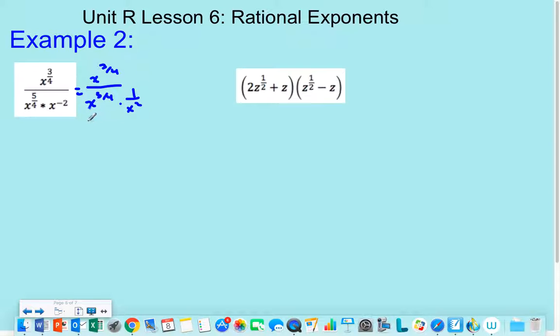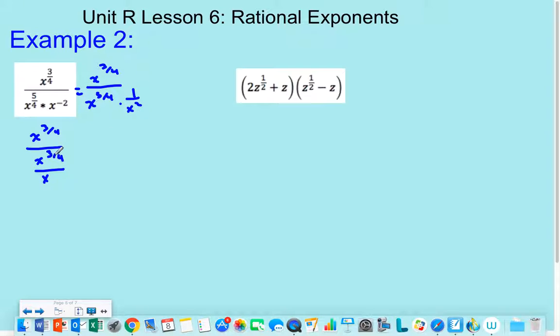And at this point I have x to the 3/4 times 1 over x to the 2nd. I'm going to rewrite all of this as x to the 3/4 divided by x to the 2nd.